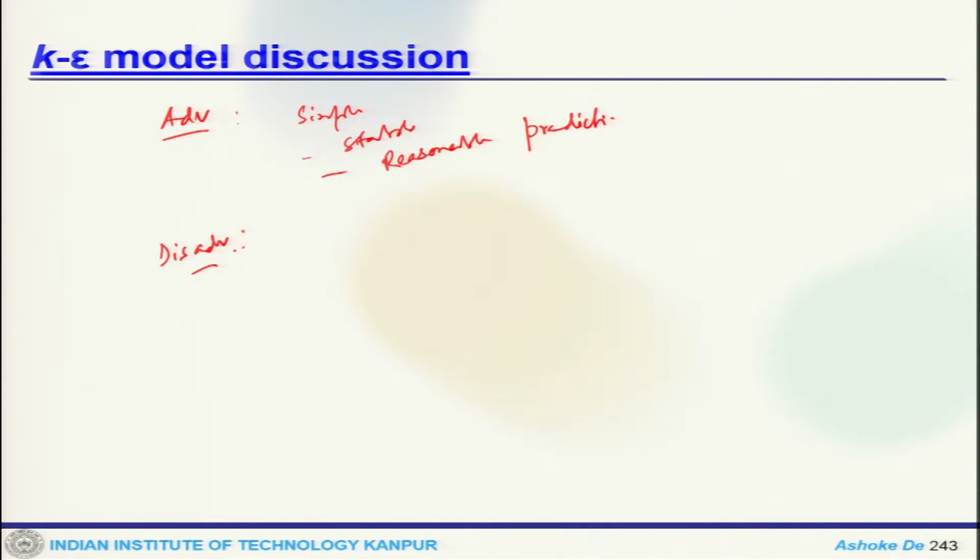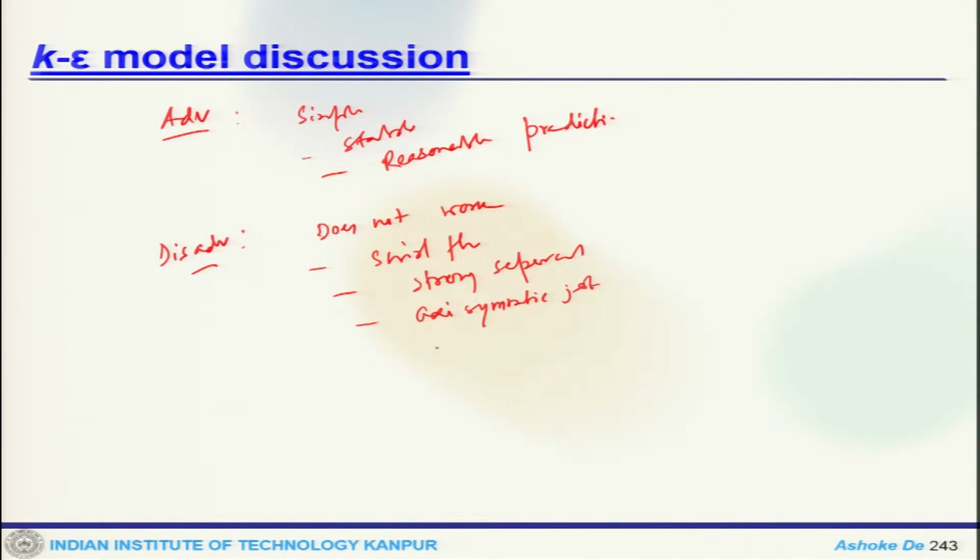But the disadvantages: it provides poor prediction for swirling and rotating flows, flows with strong separation, axisymmetric jets, and some unconfined flows.